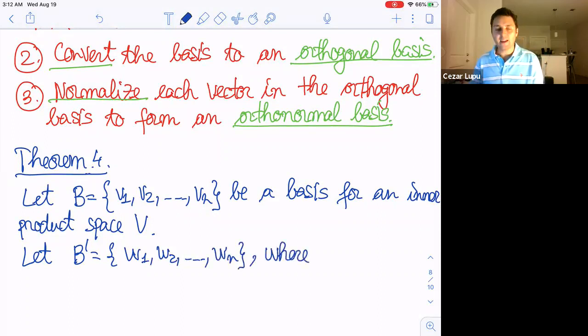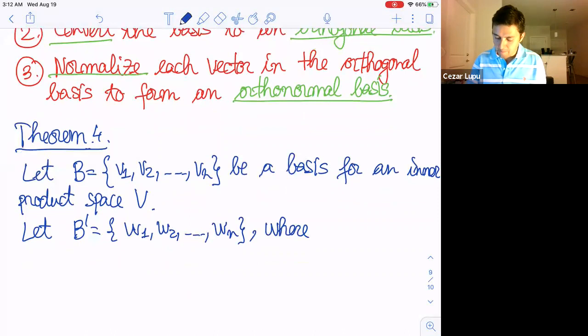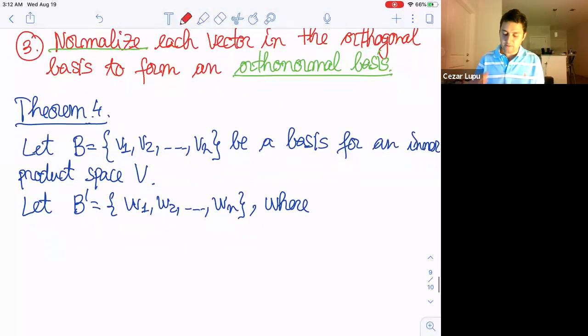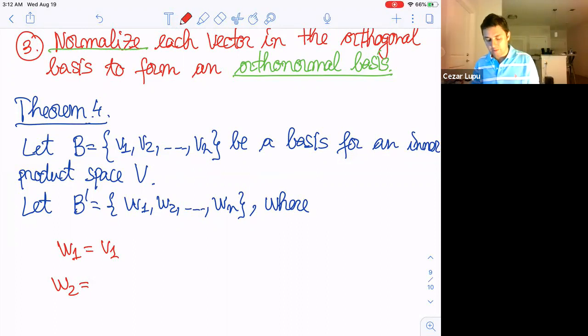Now we will see how we obtain these vectors from the initial vectors V1, V2, ..., Vn, where the Wi's are obtained in the following way. The first one, W1, will be the same as V1. Now we're trying to form an orthogonal basis, and we'll do it in the following way.